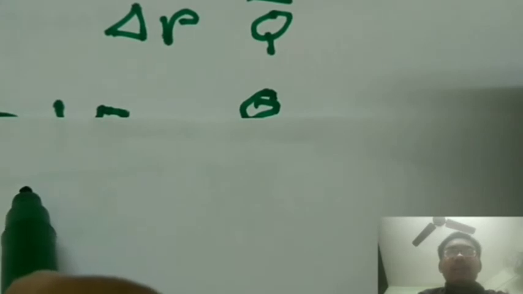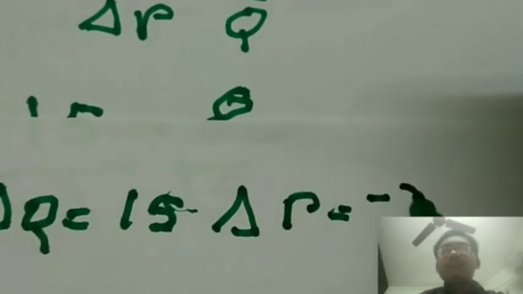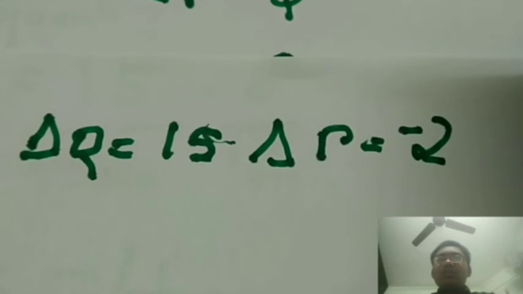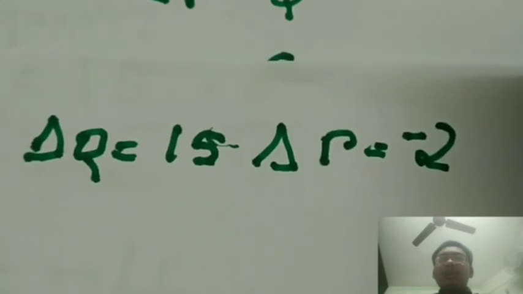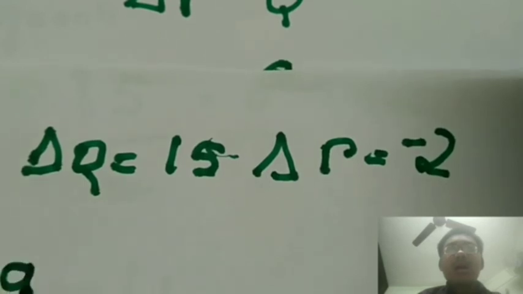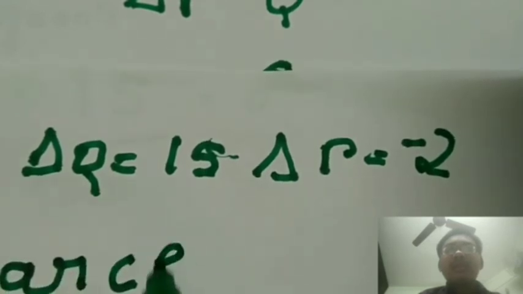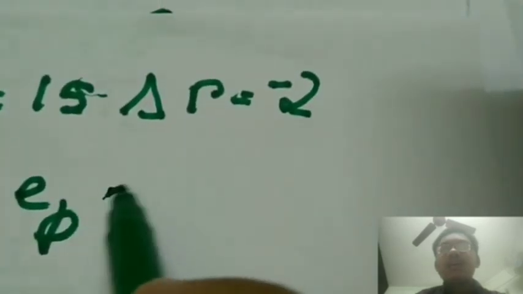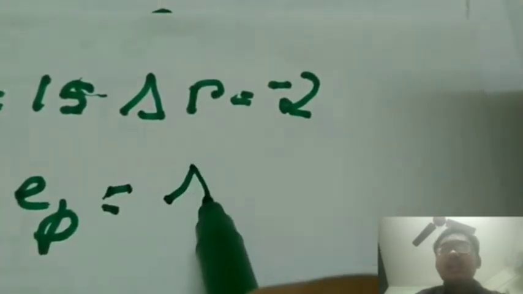Delta Q is equal to 15 and delta P is equal to minus 2.